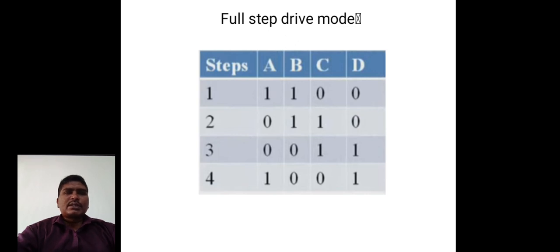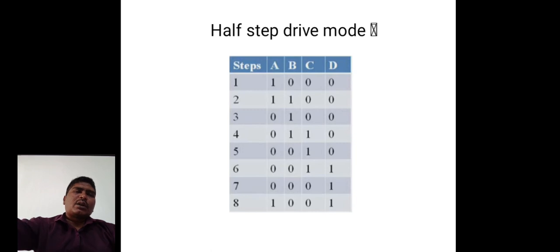And the third one is half step drive mode. If you see the table, we can clearly understand this half step drive mode is a combination of wave drive and full step drive mode.